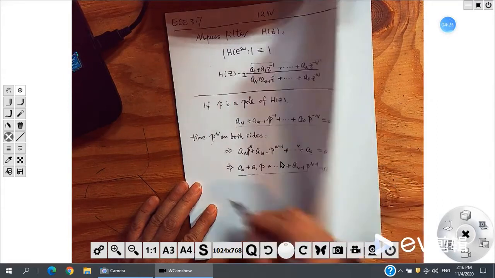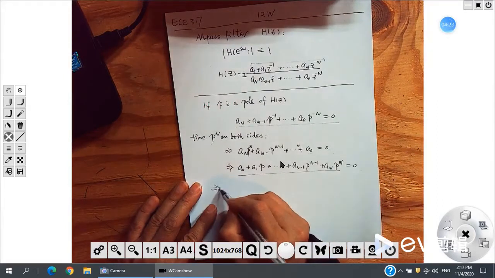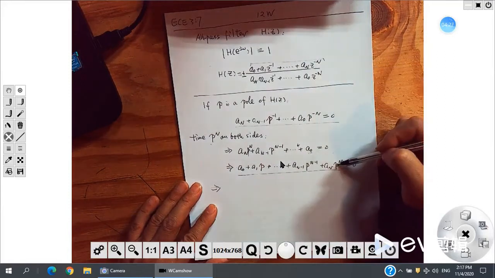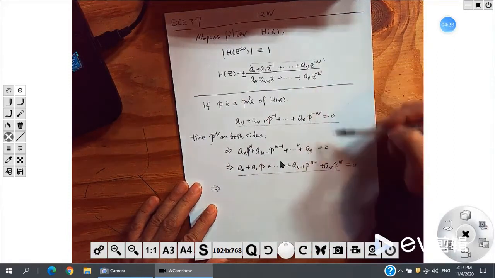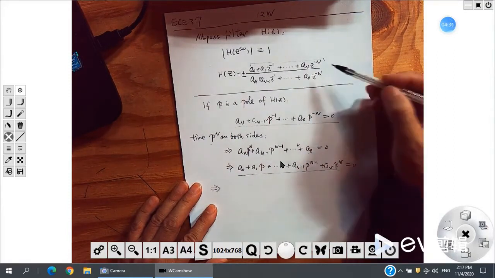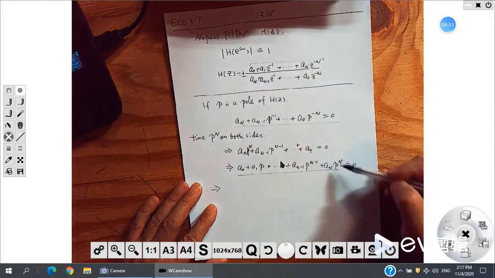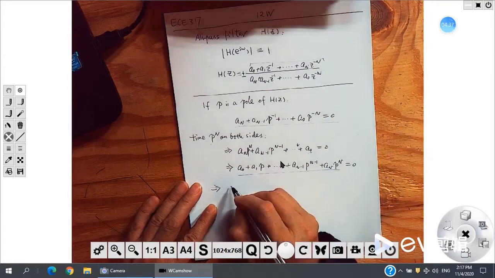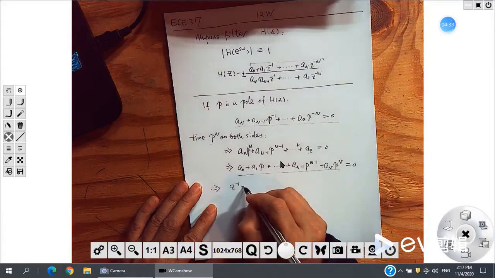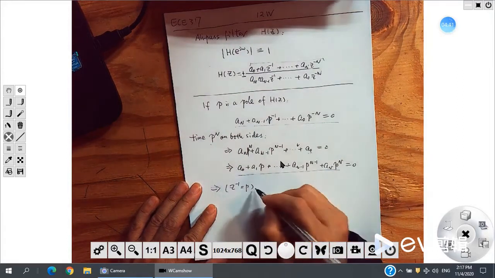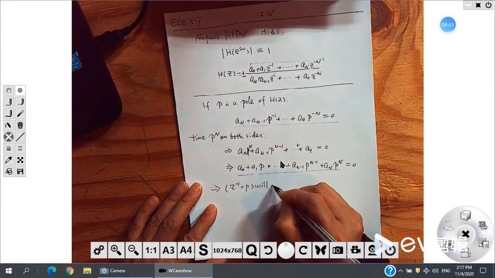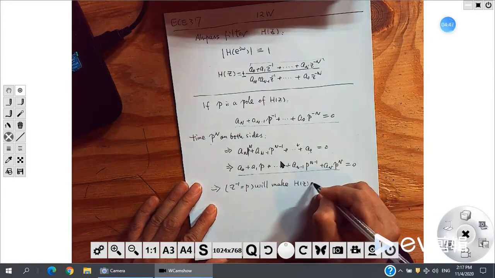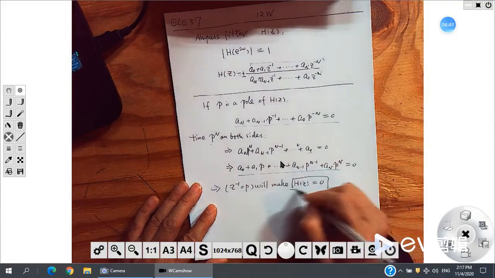So what will be the result? You compare the numerator with this one. What kind of conclusion can you have? Is Z inverse equal to P? This will be 0. So Z inverse equal to P will make H of Z equal to 0, or just the numerator, right?